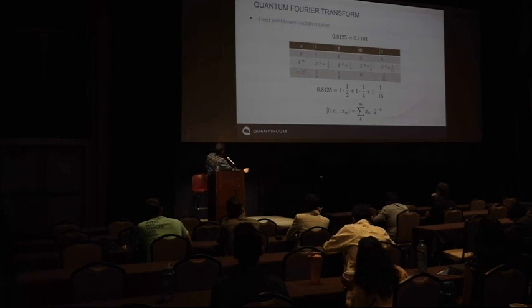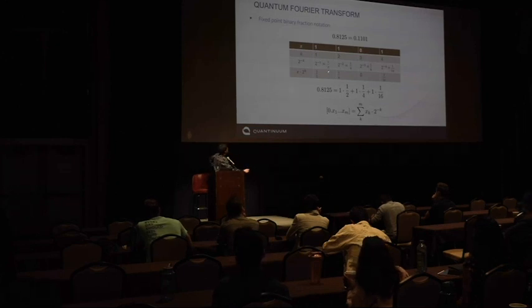So we have qubit 1, qubit 2, qubit 3. Qubit 1 is 2 to the minus 1. So this basically cuts the decimal by a half. If the first qubit is 1, it will be a half, 2 to the power minus 1.